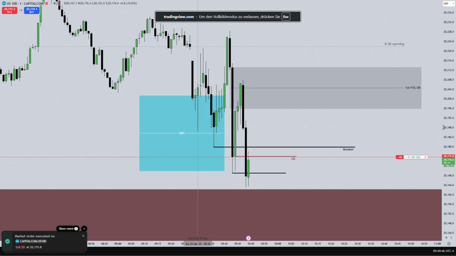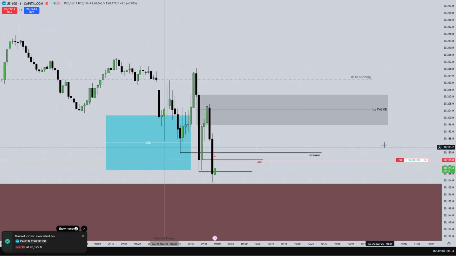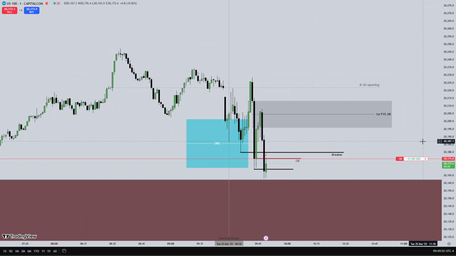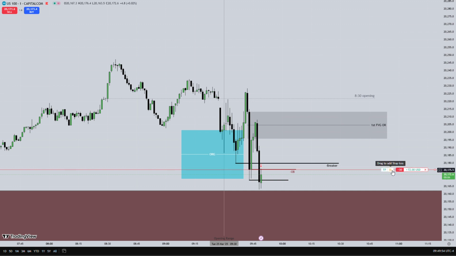And this is the important lesson that we need to understand: we can assume beforehand all the possible scenarios, but we can't make price do what we want to see.